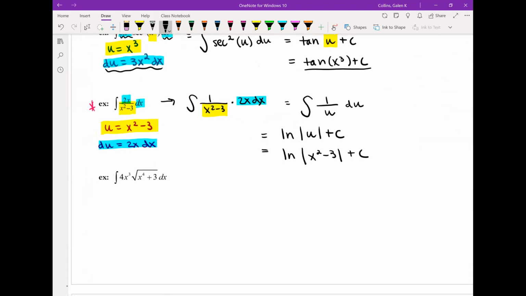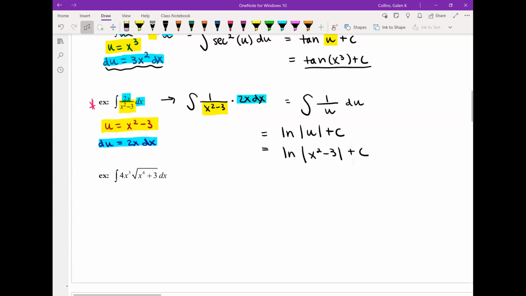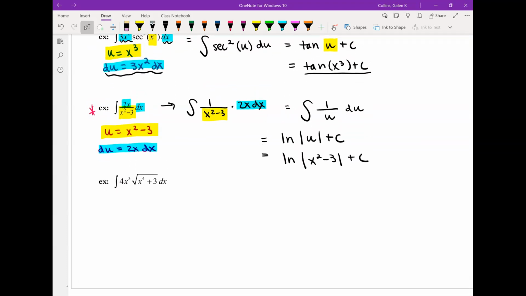All right, this last example for this page, and then we'll move on to some more challenging ones. The last example, I'm going to have to rewrite this either way, so I'm going to do it in the beginning. I don't have an integration rule for a radical, but we do have an integration rule for a power.